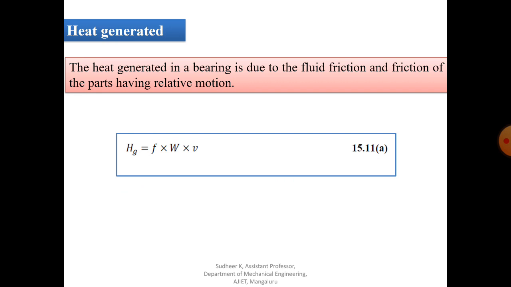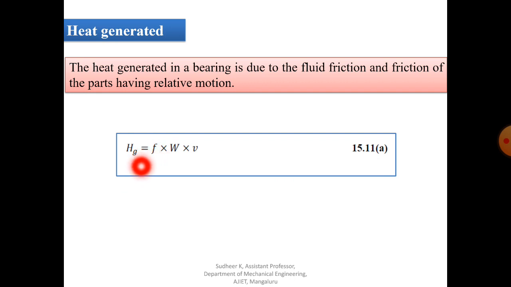So we need to find out the amount of artificial cooling required, whether it is required or not. If the heat generated is more than the heat dissipation, then obviously artificial cooling is required.